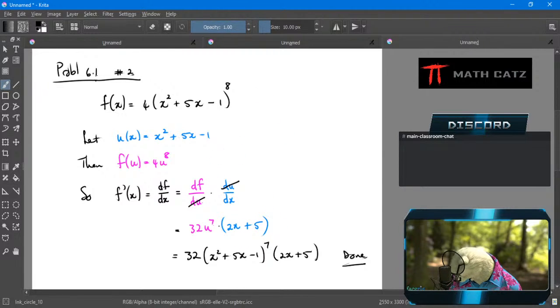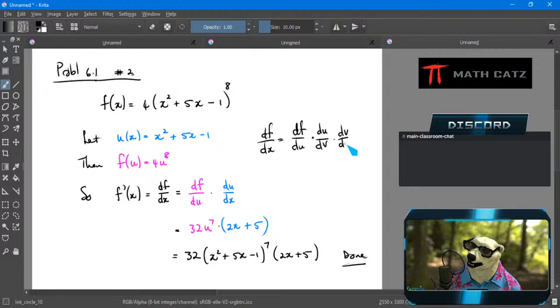Now, this actually is a little bit more useful in fancier chain rule applications where I can have multiple inside functions inside other inside functions and so on. And then setting up the chain rule could be a little bit more confusing. Maybe I have an inside function u, and in that is an inside function v, then I can have a more elaborate chain rule and check it by thinking about it as a fraction and getting the originals back.